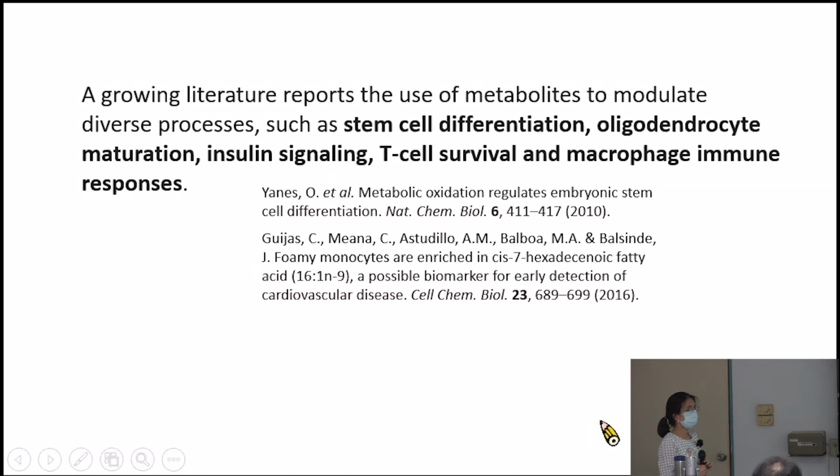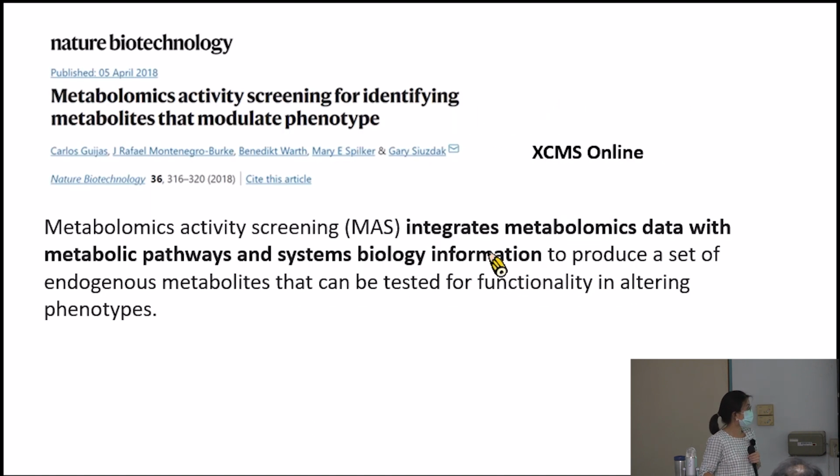Now we basically understand that multiple metabolites are significant in different diseases or different biological responses. There are multiple papers showing that metabolites can modulate diverse processes, including stem cell differentiation, oligodendrocyte maturation, or the immune response. Based on the significance of metabolites in determining diverse physiological responses, we use a whole section to understand how to identify the metabolites.